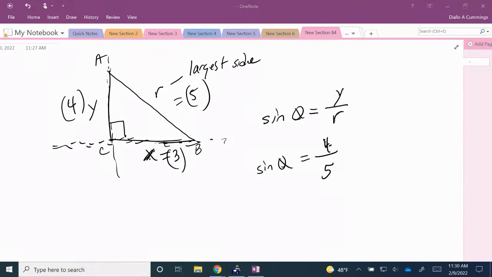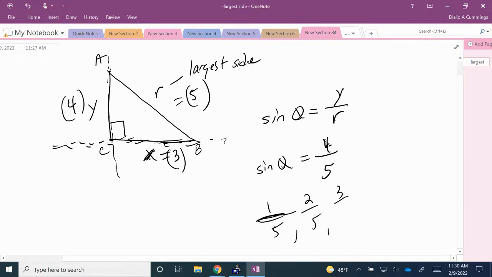If the denominator is always larger than the numerator, so I'm just going to write some numbers out. Let's just say I have 1 over 5, 2 over 5, 3 over 5, 4 over 5.